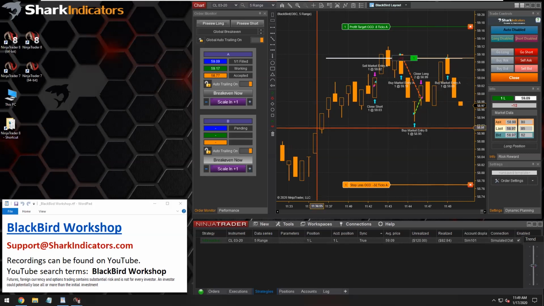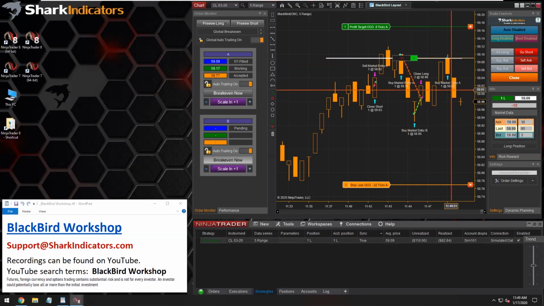Let me neutralize the trend here. So if you look at the order monitor panel here, we can see that the entry order for B is in a pending state, waiting for a 16-tick drawdown if it even happens. Then we can see for order A, everything looks good.